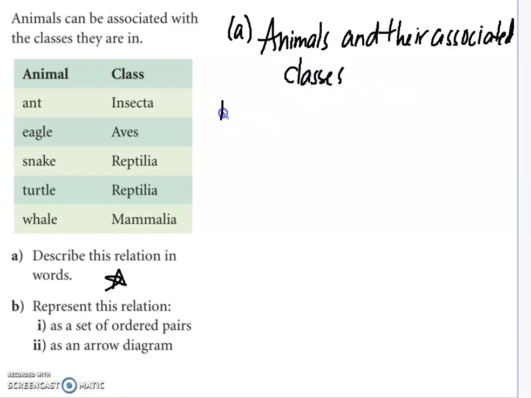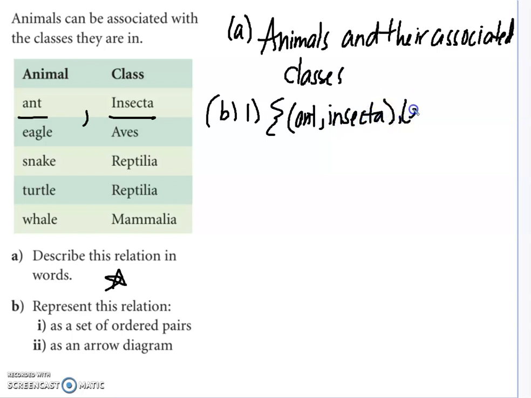Okay. And then for B, the first one says, can we represent it in terms of ordered pairs? So remember, we always start by opening our set bracket and then creating an ordered pair with the domain and the range being separated by a comma. So let's write this out, ant and insecta.